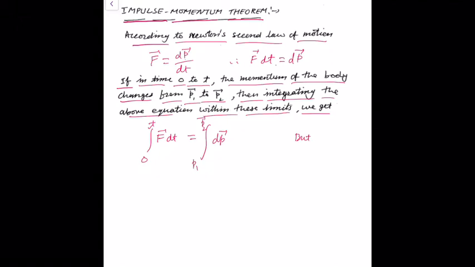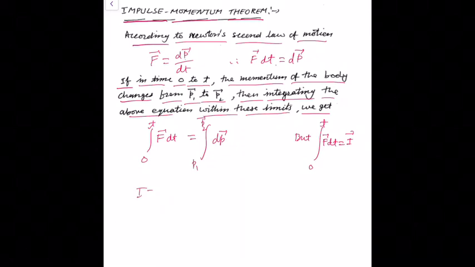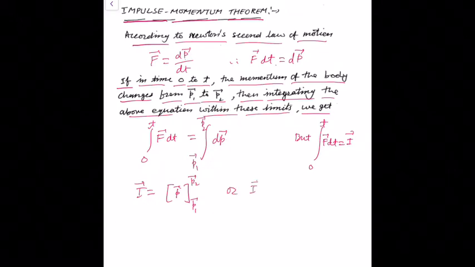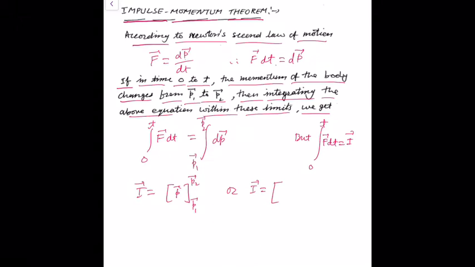But integration from 0 to t F vector dt is equal to I vector. So we can write I vector is equal to integration of dp vector with limit from p1 vector to p2 vector, or we can write I vector is equal to, first you put the upper limit p2 vector minus lower limit p1 vector.